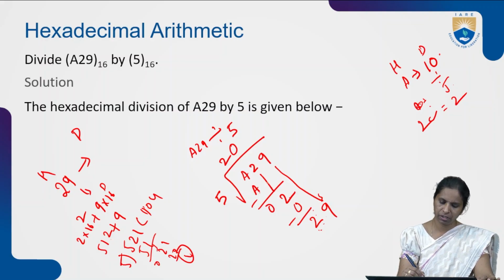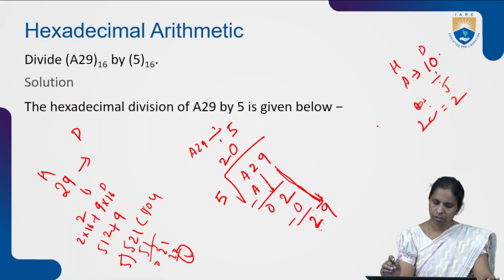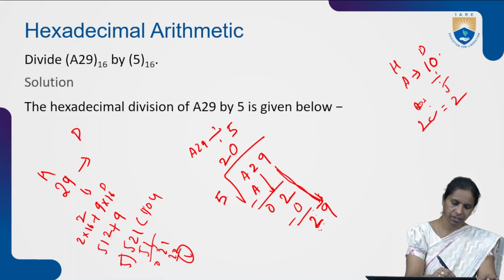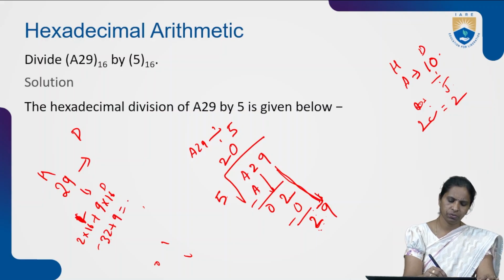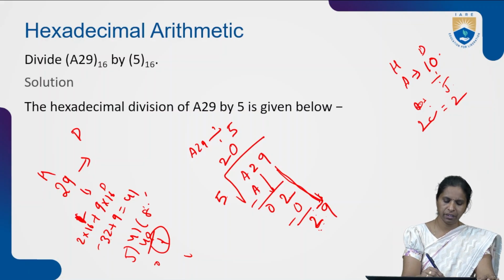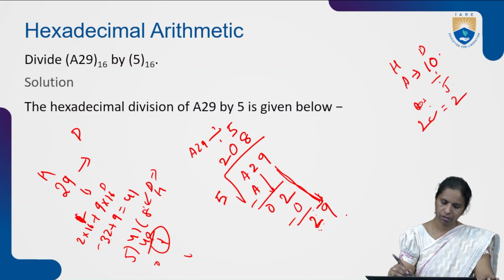So 8 in decimal is also 8 in hexadecimal. Therefore, here we get 8, and the remainder is 1.